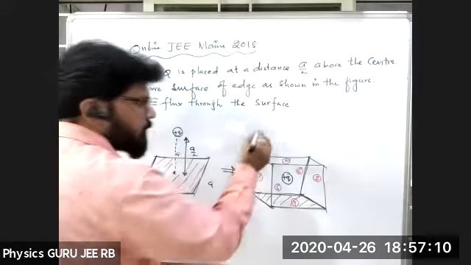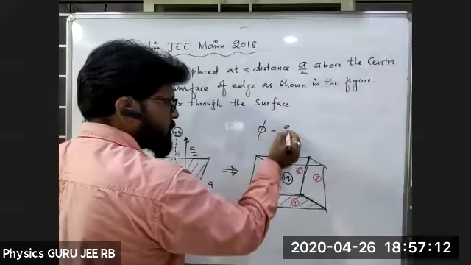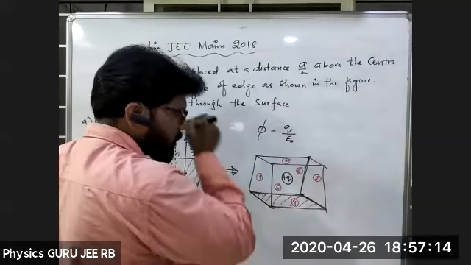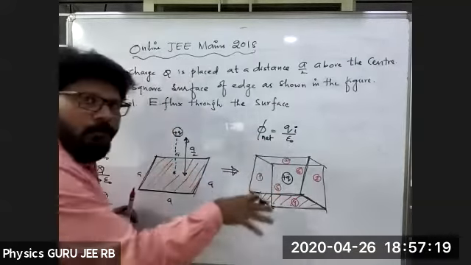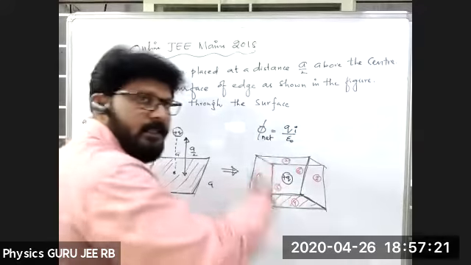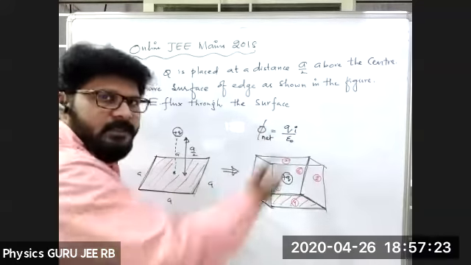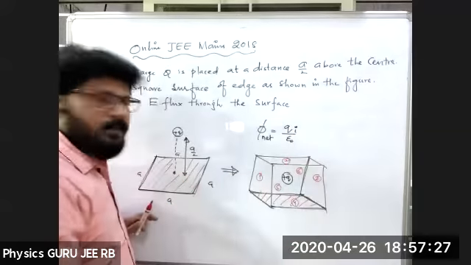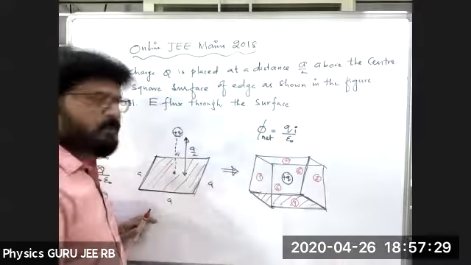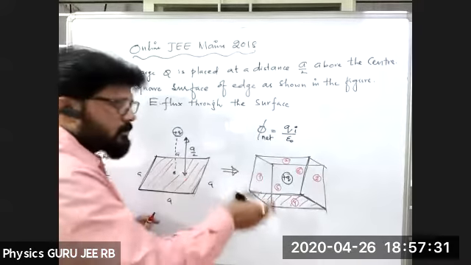If I take the flux through the closed surface, it is Q inside by epsilon naught, which is nothing but the net flux. I want only through one surface, because it is equally distributed over all the surfaces. That means it will emerge out equally from all the surfaces. I want only one surface, so it is divided by 6, right?